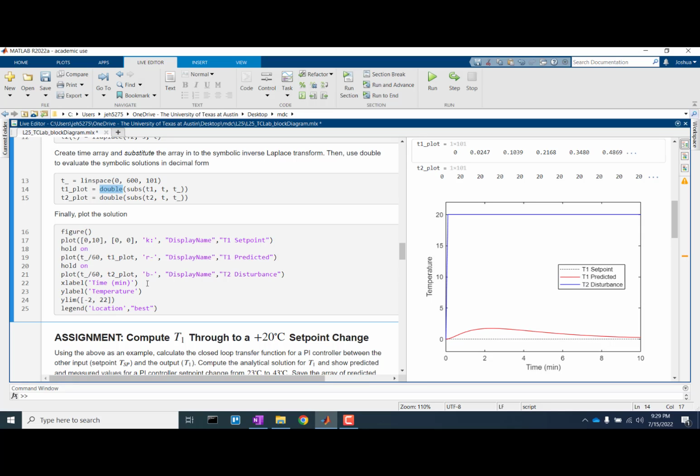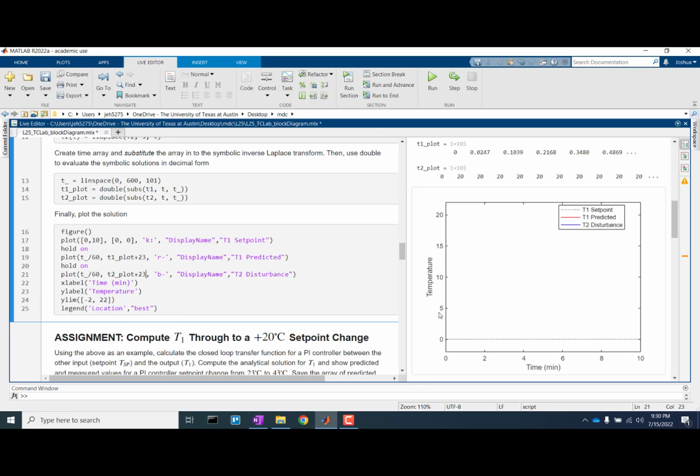I should note that both of these are relative to our disturbance temperature. So we could actually go like this. Let's say it started at 23. We could just go plus 23 to both of those and run this section again. You'd see it at the actual temperature rather than relative. Oh, we've got to change x. These are x coordinates, these are our y coordinates.